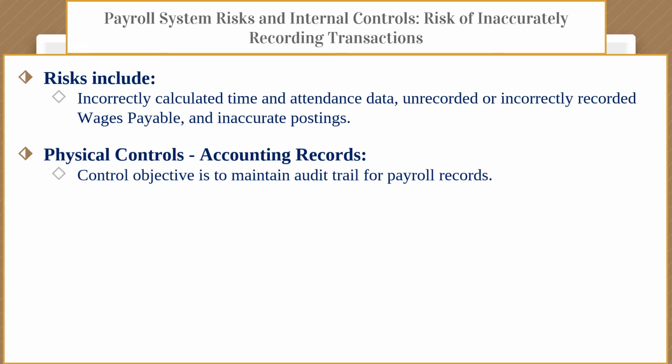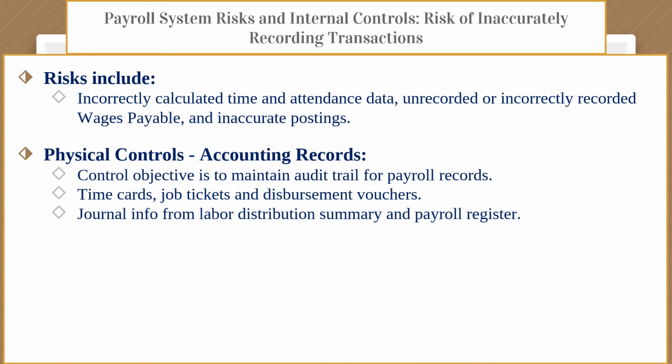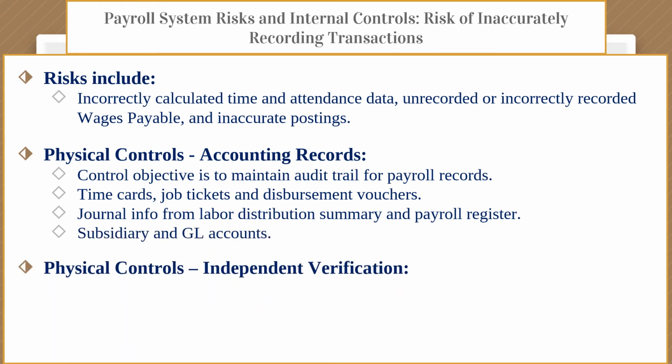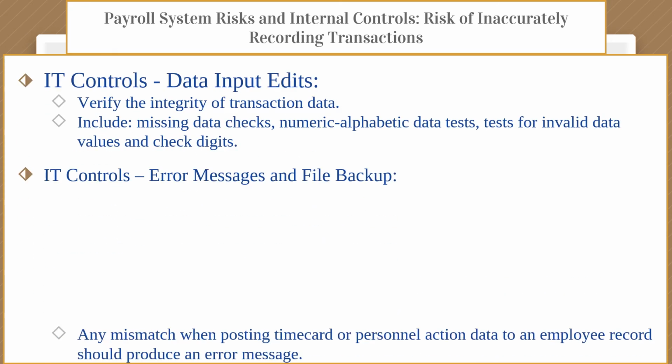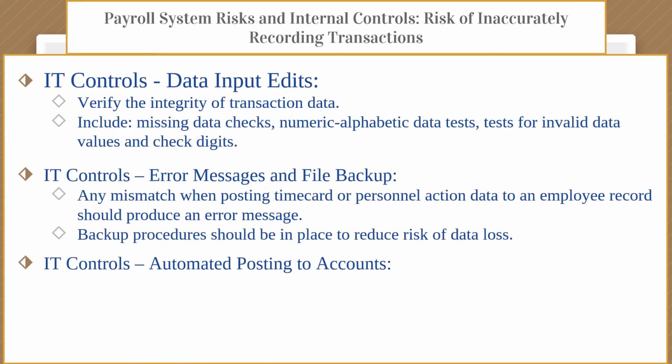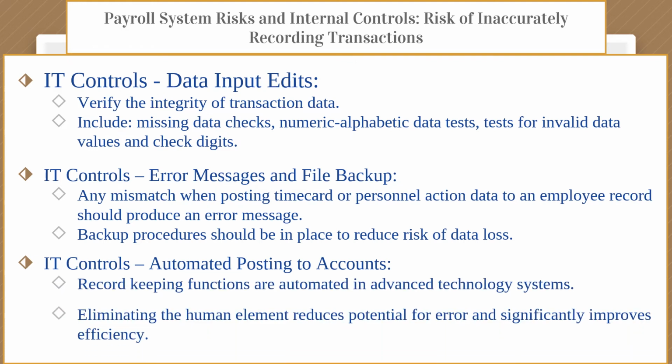It is just to show how you understand it in detail, not only talking about the risk, but also explaining whether the control is physical or IT. So here we explain the physical controls in detail. Here we have the IT controls in this slide for the same risk of inaccurately recording transactions.